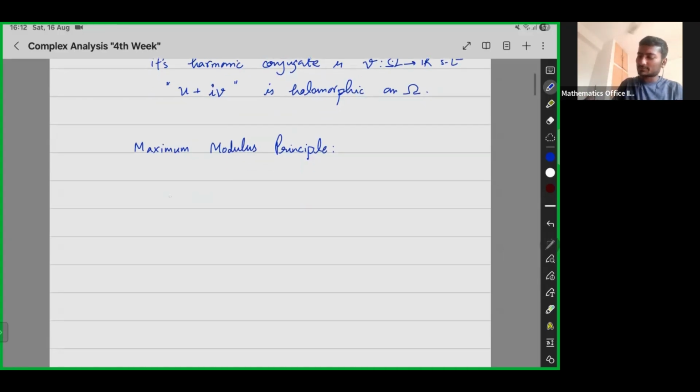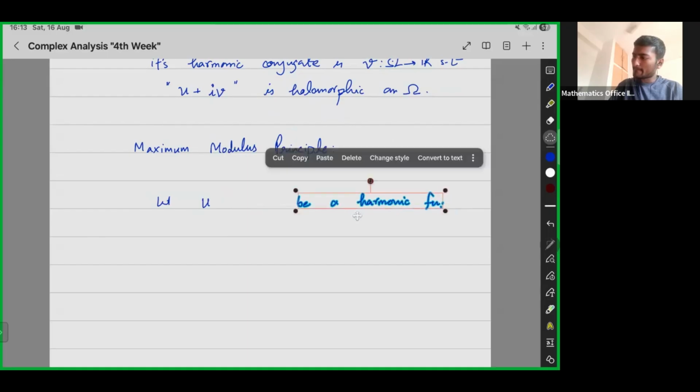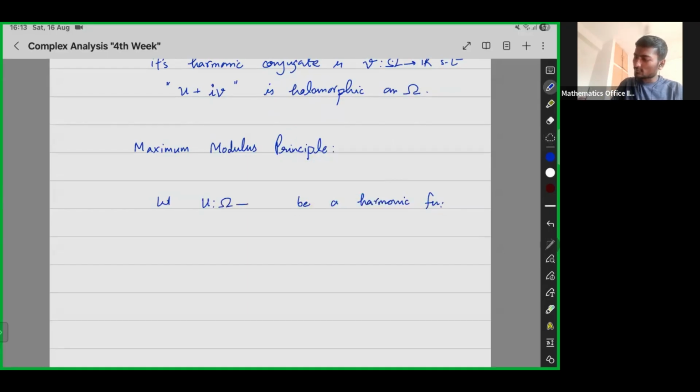Let u from omega to R be a harmonic function.